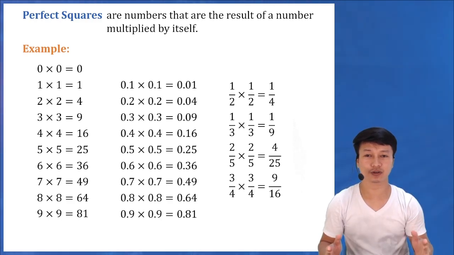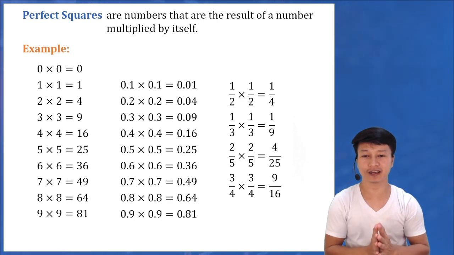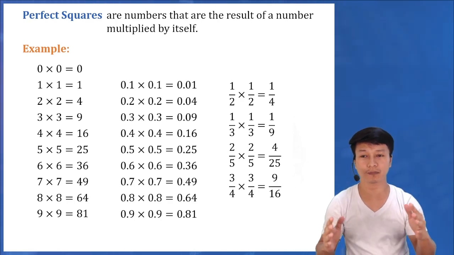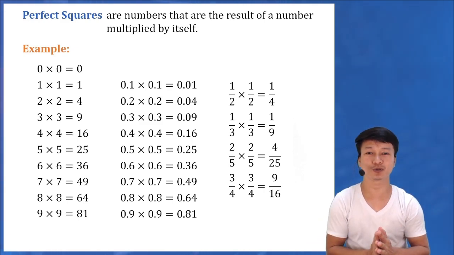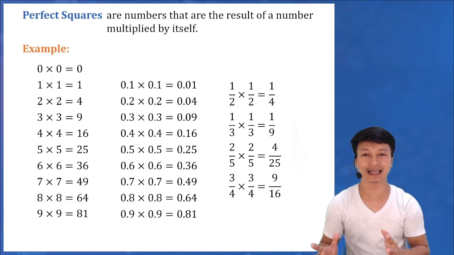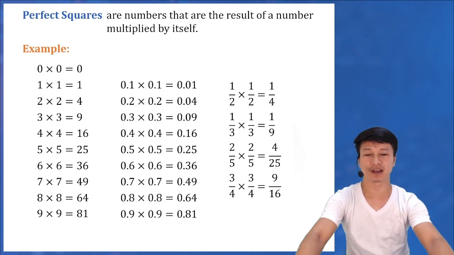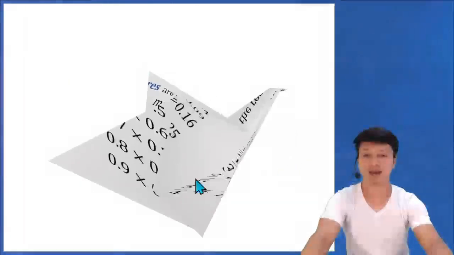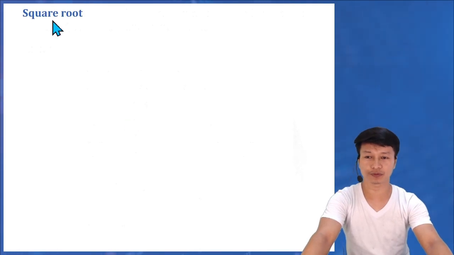For our next lesson, we are going to familiarize perfect square numbers because we are going to use the concept of that in identifying the square root of perfect square numbers. So let's proceed. We have square root. So what do we mean by square root?